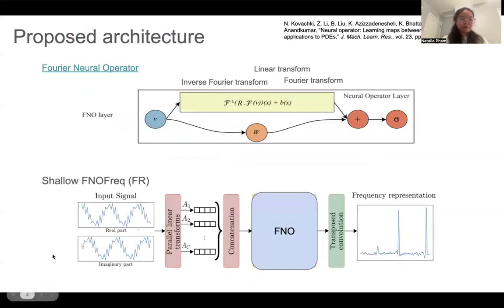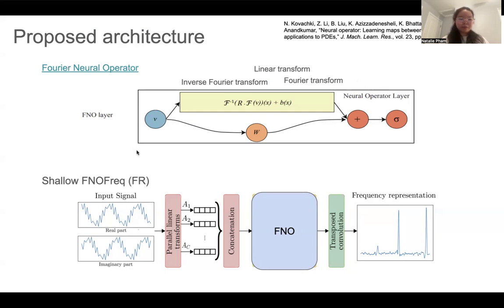So we propose architectures using a neural network block called the Fourier neural operator. This uses a Fourier transform and inverse Fourier transform, which is very good at learning functional representations, especially for sinusoidal waveforms. This block was proposed by Kovachki and collaborators in this reference.